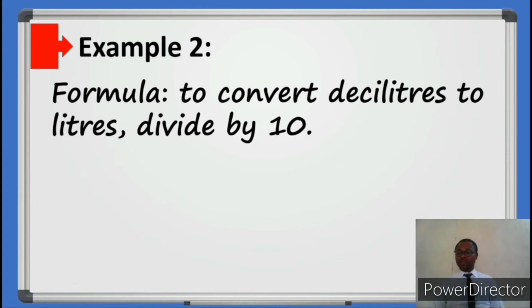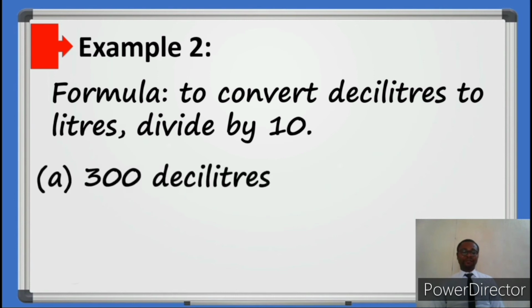And the question asks us to convert to liters and deciliters. So we're going to divide by 10. The first question we have there is 300 deciliters. So first let's convert 300 deciliters to liters, and to do that we divide by 10.